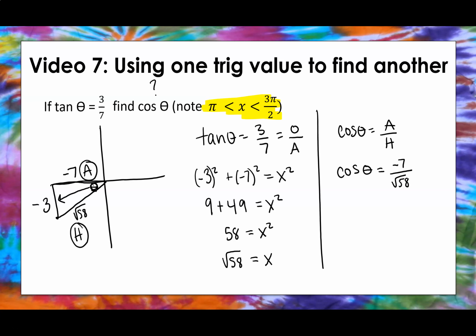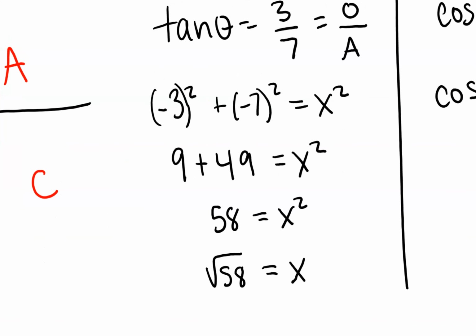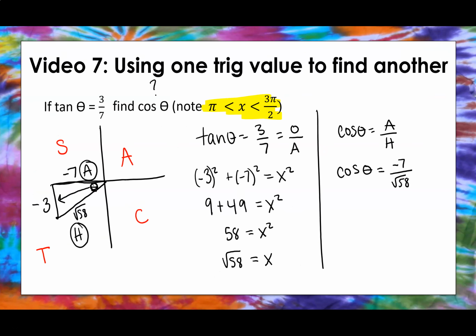Let's check that this is correct in terms of signs, and then let's deal with rationalizing the denominator. All students take calculus. So the only thing that should be positive here is tangent. So sine should be negative and cosine should be negative. Is that the case here? Yes, it is.